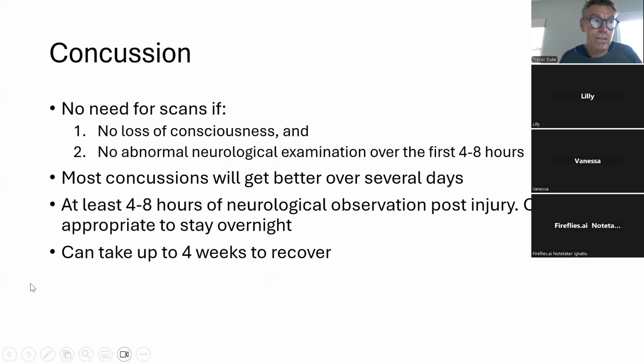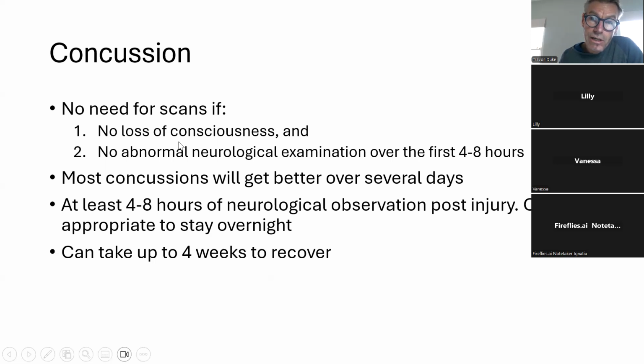But it's very important to observe them, because the features that I showed you with the case that I presented, that of extradural hematoma on top of a moderate brain injury, can occur even in children with concussion.